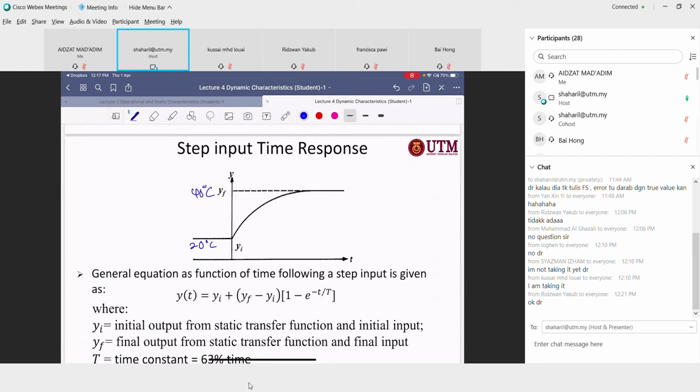I believe, Kusai, your home also has a heater, right? During the winter season, right? Yes. I just want to share my experience when I was in the UK for about 2 years and a half. I just rented an apartment. When you live in a cold country like the UK, you will have a heater.